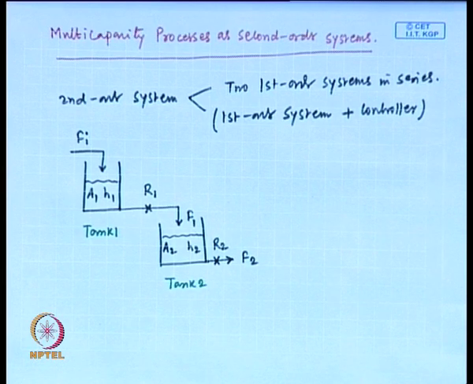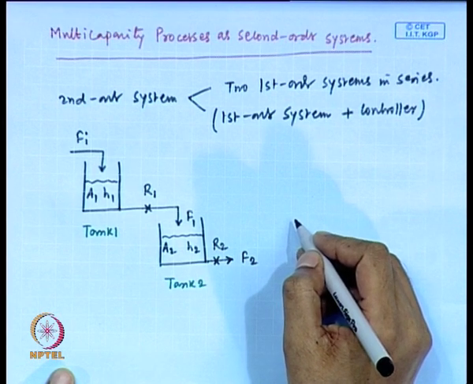Now, how do the tanks interact with each other? You see tank 1 affects tank 2, but tank 2 does not affect tank 1, because the inlet stream to tank 2 is the outlet of tank 1. So, what about the interaction? This is a one way interacting system.